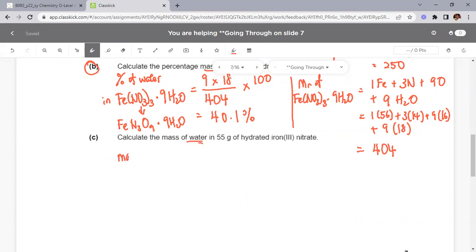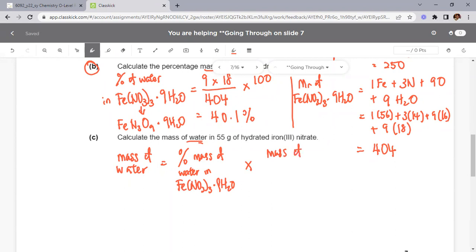So to find the mass of water, actually what I can do is I take the percentage mass of water in Fe(NO3)3.9H2O multiplied by the mass of my Fe(NO3)3.9H2O.